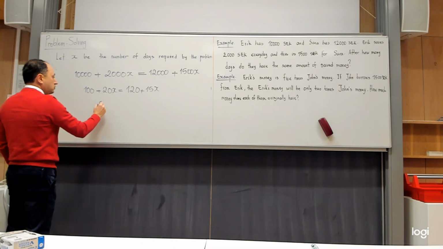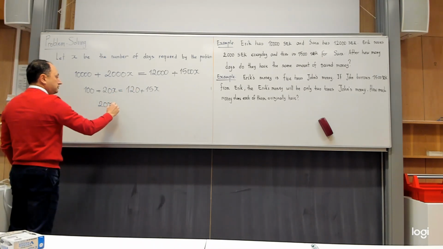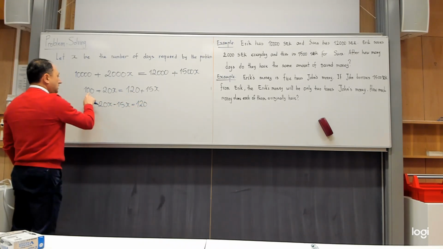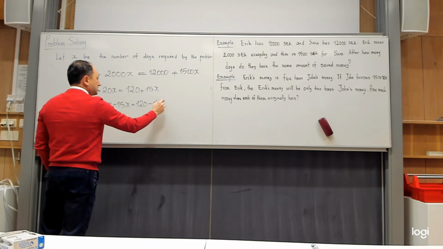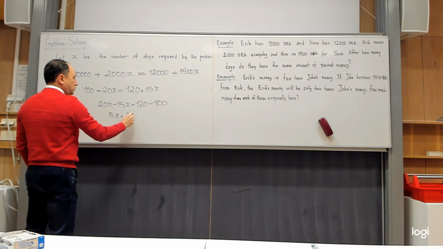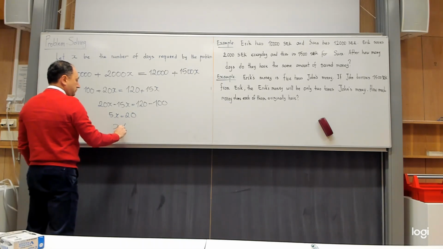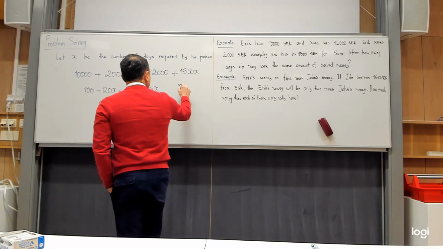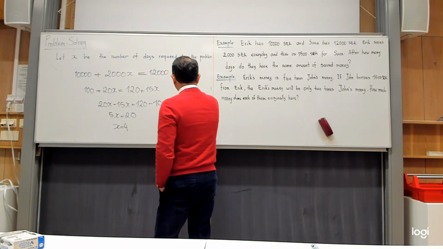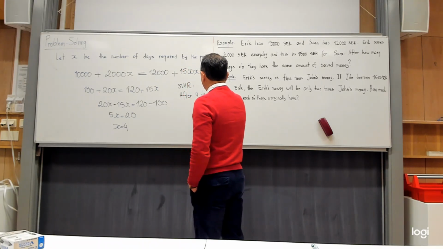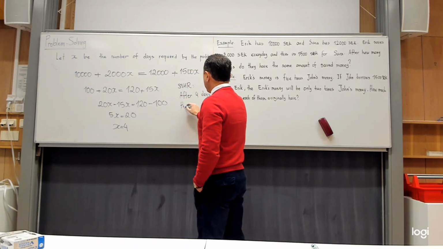So now I have 20x. I moved 15x to the left. I have 120 here. I move 100 to the right. So this becomes 5x, and the right-hand side becomes 20, and when I divide it is 4. Yes? But you need to write the answer. After 4 days, they have the same amount of money.